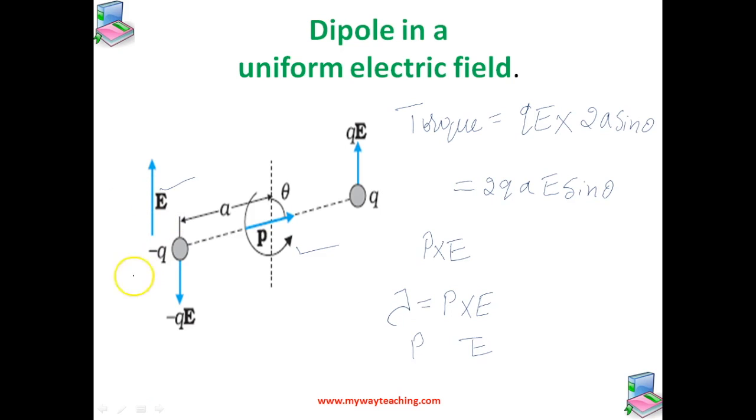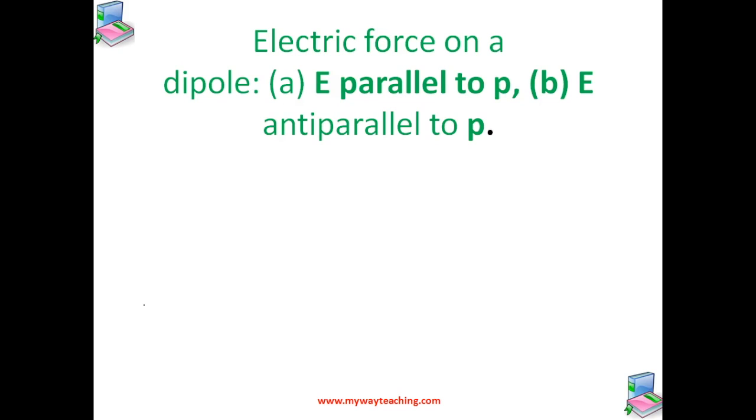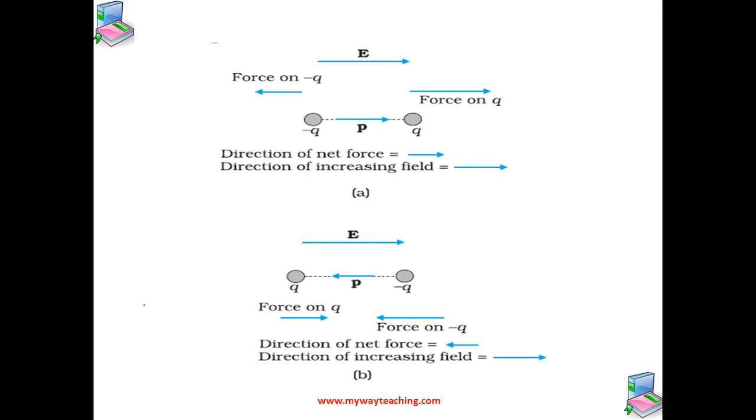So let us consider simple situations where P is parallel to E or anti-parallel to E. In the first case, P is parallel to E: dipole moment and electric field are parallel. And in the second case, they are anti-parallel: E and P are anti-parallel. So in either case, the net torque is 0.